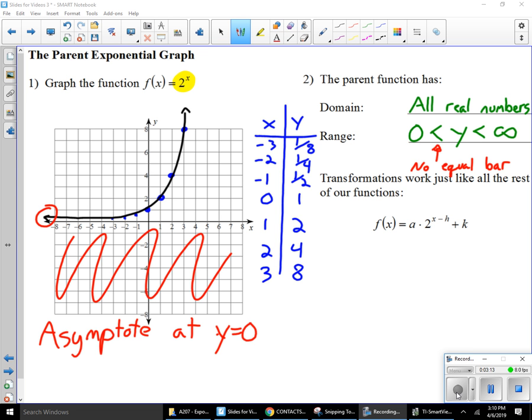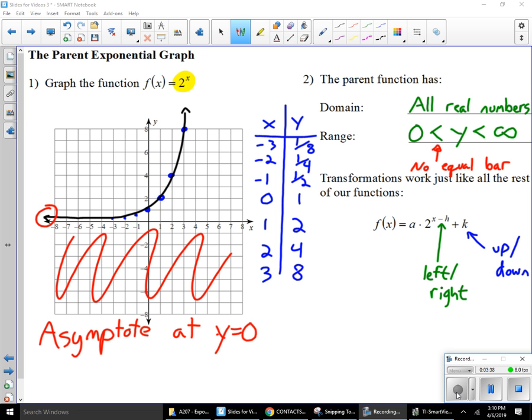So we're going to start looking at transformations. The transformations work the same on an exponential function as they have on all of our functions in the past. K is going to be our vertical up and down transformations. H is going to be our horizontal or left and right transformations. Recall those ones will be the opposite of what we expect.